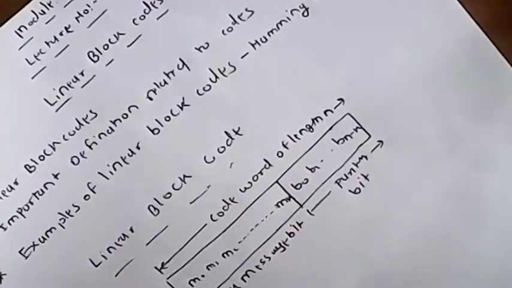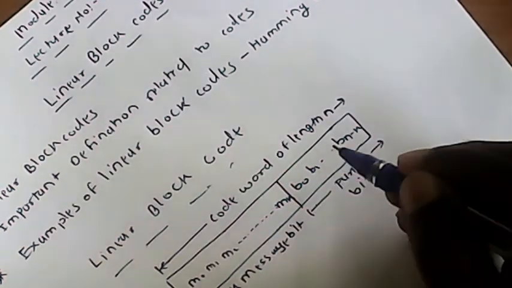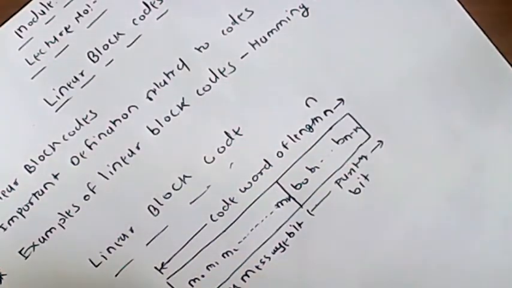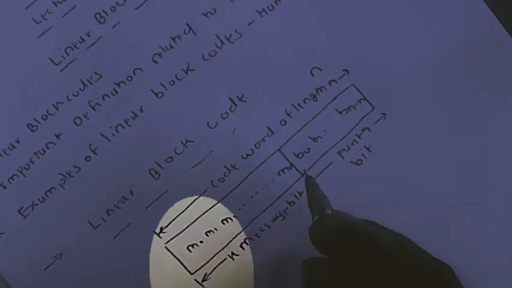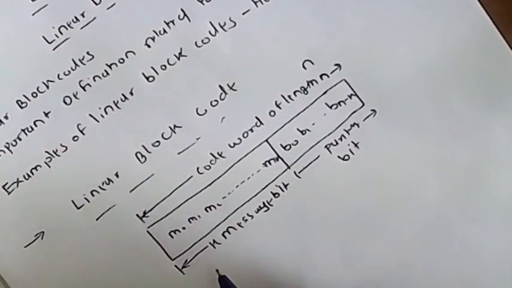In this structure we can define the parity bits. So the linear block code word of length n consists of the message bits m0, m1 up to mk, followed by the parity bits.